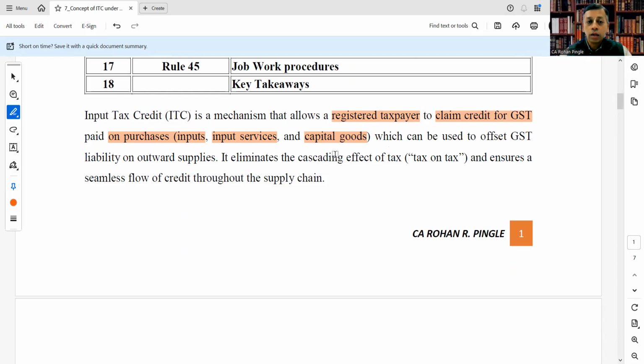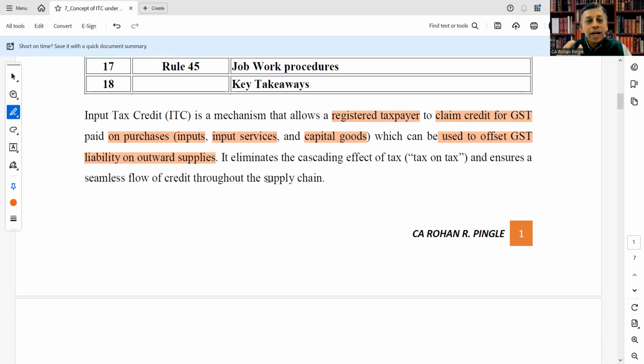All three are covered, okay? Which can be used to offset GST liability on outward supplies. It eliminates the cascading effect of tax, that is tax on tax, and ensures a seamless flow of credit throughout the supply chain. Okay, that is the main crux of it.